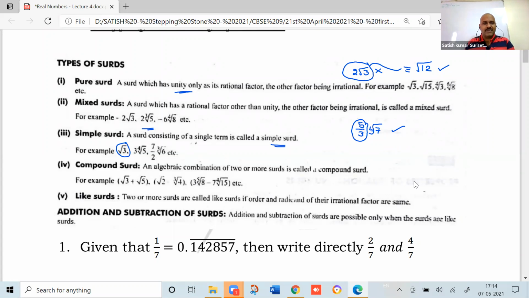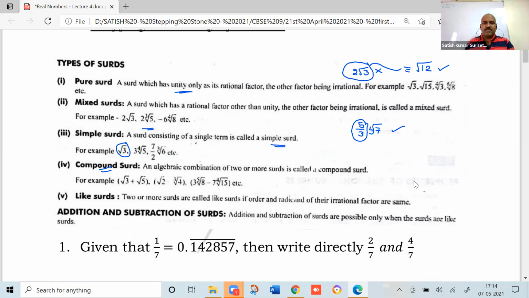Can I say root 3 is a pure surd or a mixed surd? Pure surd. What about 3 into fourth root of 5? Mixed surd. What about 7 by 2 into cube root of 6? Mixed surd. Good.